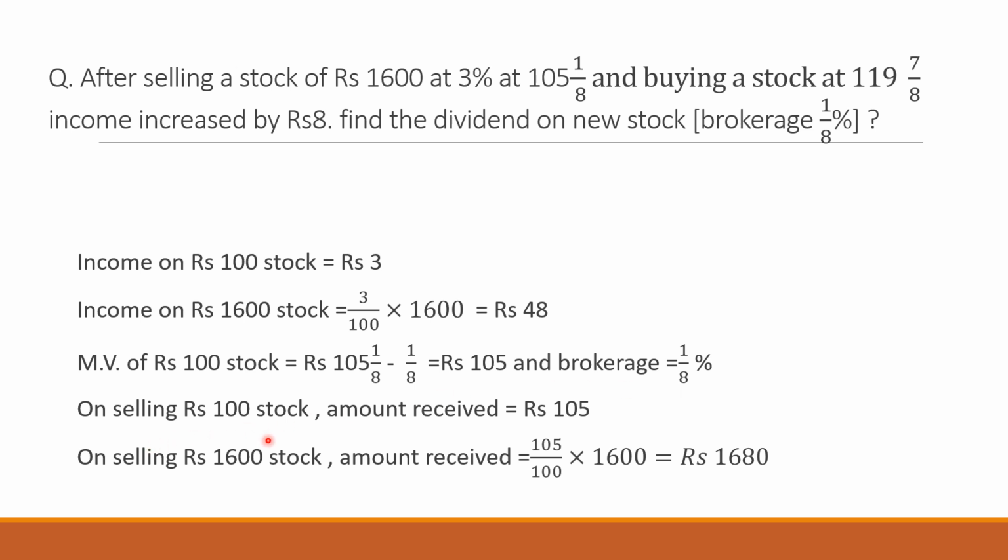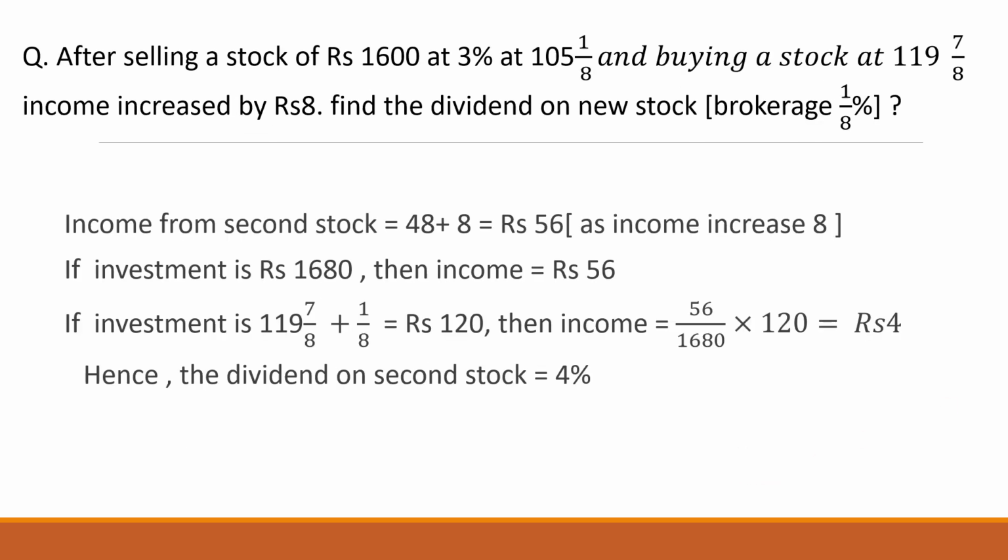Now on selling rupees 100 stock, amount received is 105. On selling 1600 stock, amount received is 105 upon 100 into 1600, which is 1680. Now with this amount of 1680, you will invest in the next stock. Income from second stock will be 48 plus 8 is equal to 56 because it is given in the question that the income increased by rupees 8.